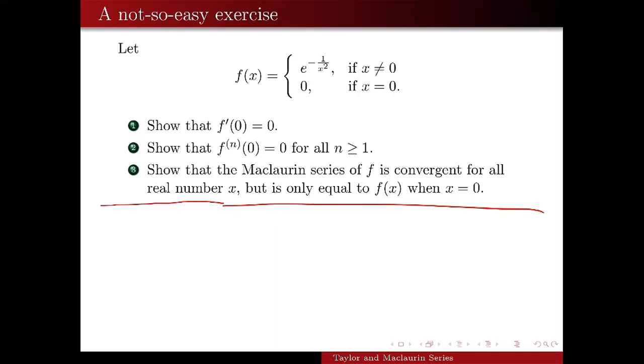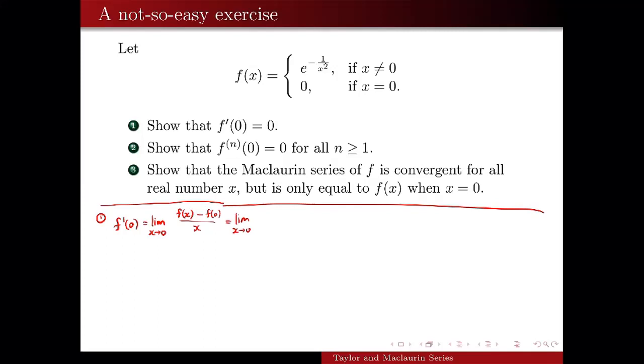But in here, since we are evaluating at 0, we'll have f prime of 0. This will be the limit as x approaches 0 of f of x minus f of 0 over x. This is just equal to the limit as x approaches 0.